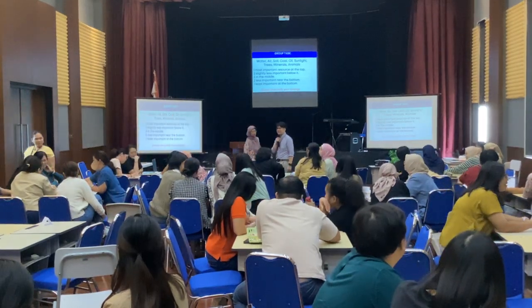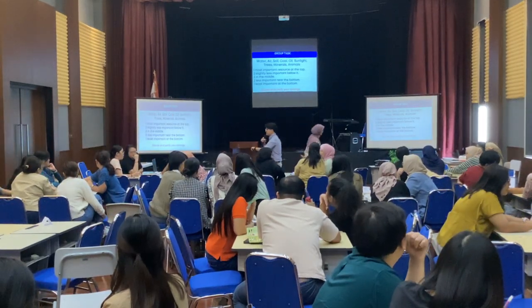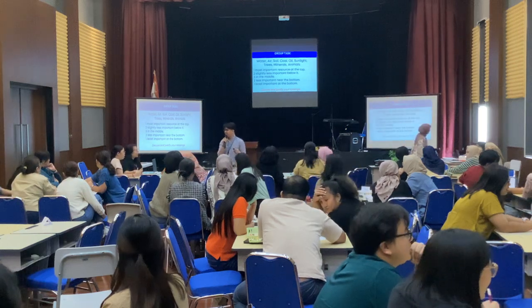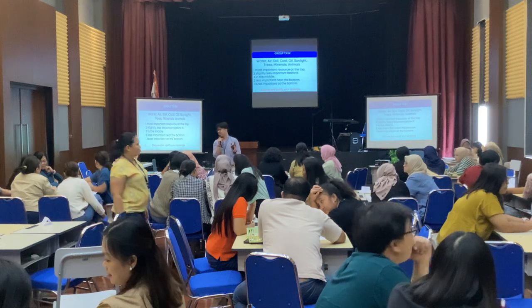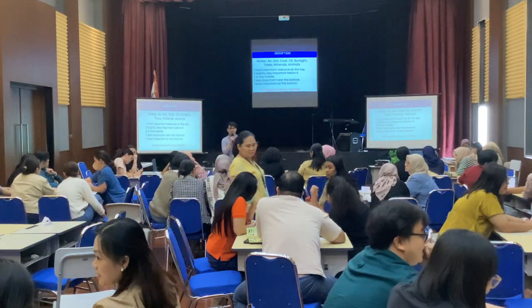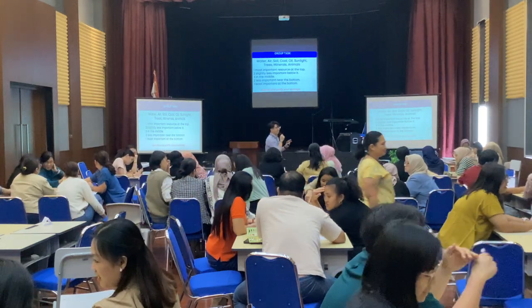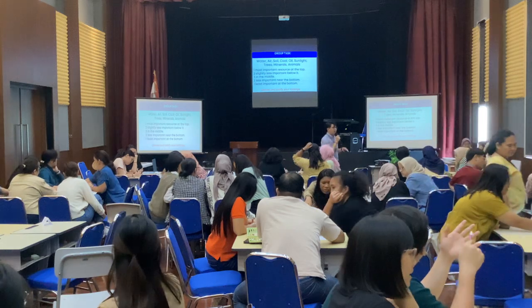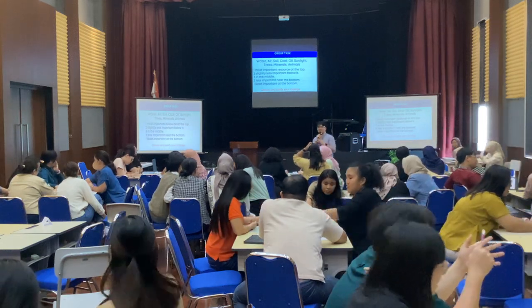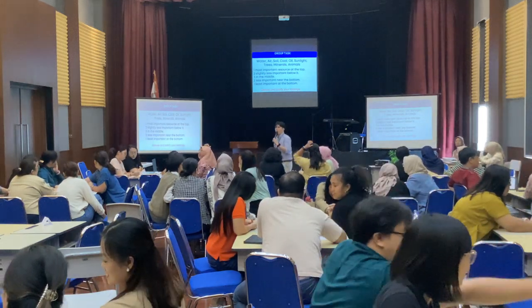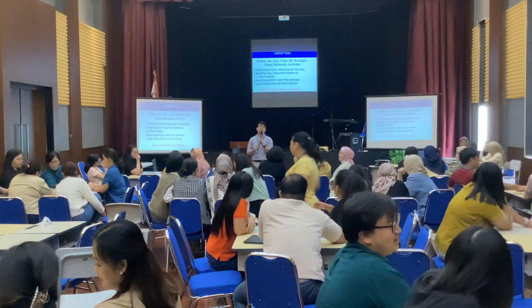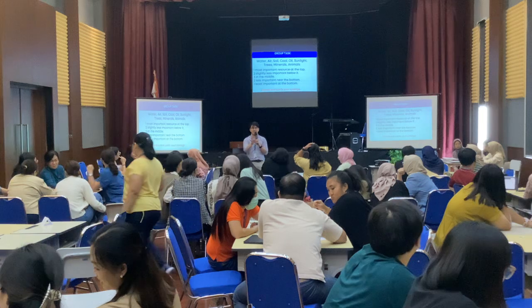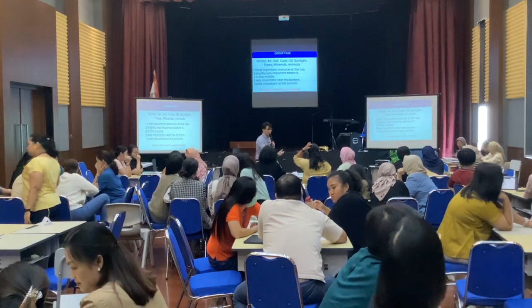Alright, I've seen some boxes filled already. 10, 9, 8, 7, 6, 5, 4, 3, 2, 1. Time's up. Alright, thank you. Let's reserve the explanation for our presentation here.